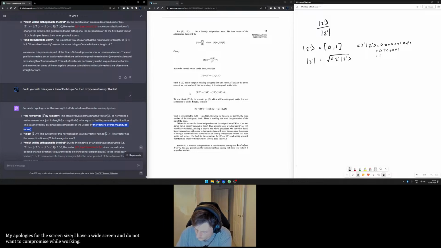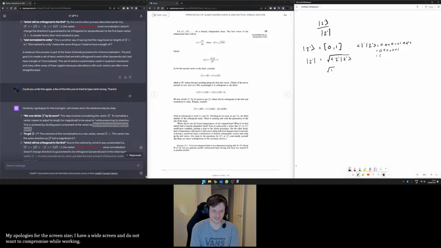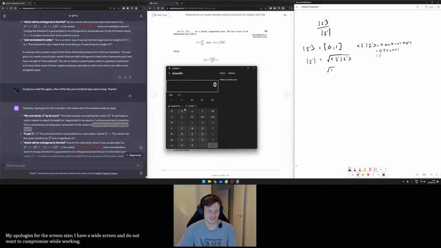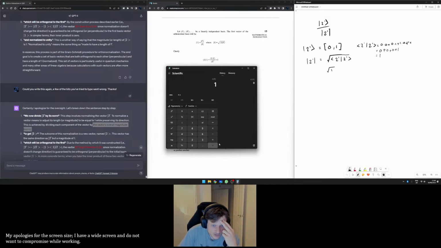So the square root of 1, I don't actually know what it is. Guess it's 0 or something. Square root, where are you? Square root of 1 equals 1, okay.